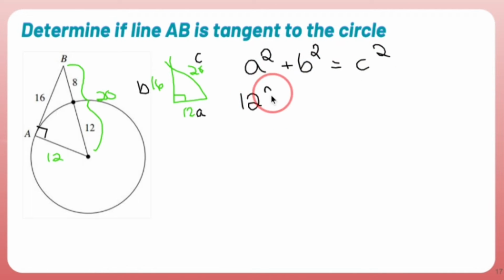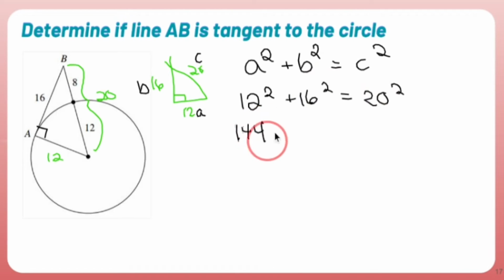12 squared plus 16 squared has to equal 20 squared. 12 squared is 144. 16 squared is 256. That's got to equal 400. 144 plus 256 is 400.